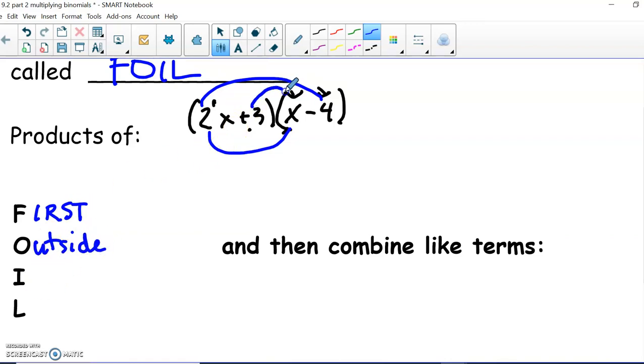I stands for the inside terms. And finally, L stands for the last terms. What the FOIL method does, it just makes sure that you didn't miss anything. So if you prefer just to distribute each of the terms, that's fine. If you like the FOIL method, we're going to try that.